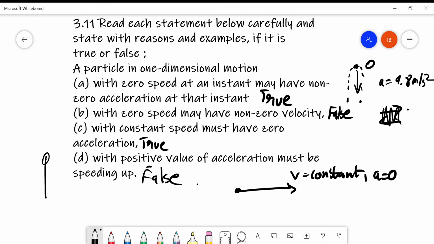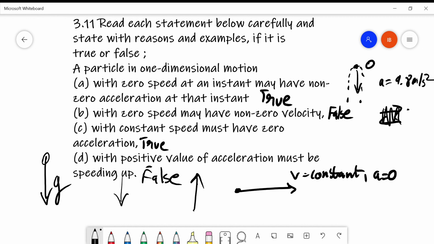Acceleration will always be positive since it is in the direction of g. That is only if the ball is thrown upwards. But if the ball is thrown downwards, it is true. The acceleration is positive and the ball is speeding up.